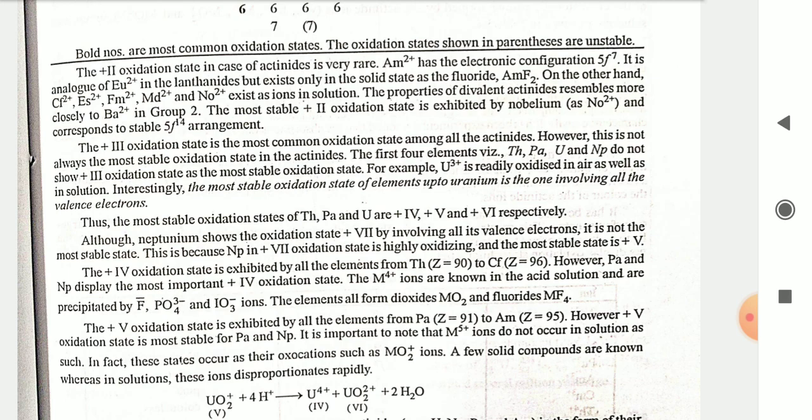In fact, these states occur as their oxocations, such as MO2+ ions. A few solid compounds are known, whereas in solution these ions disproportionate rapidly. UO2+ plus 4H+ gives U4+ plus UO2 2+ plus 2H2O.